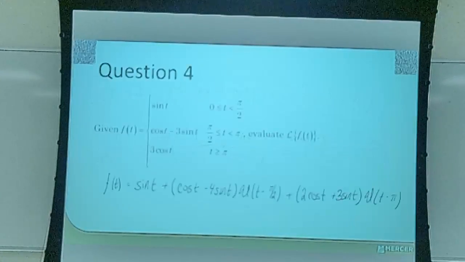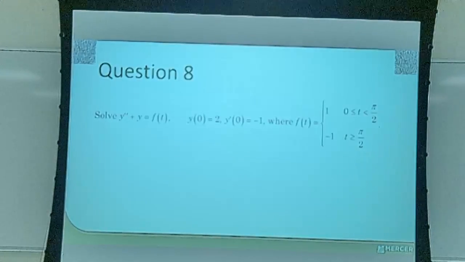Where you write it as some difference of things involving the unit step function and then transform it. And then obviously you'd have to take the inverse transform using all the techniques that we've gone over. We don't have time if I want to do this in 5 minutes. First thing.